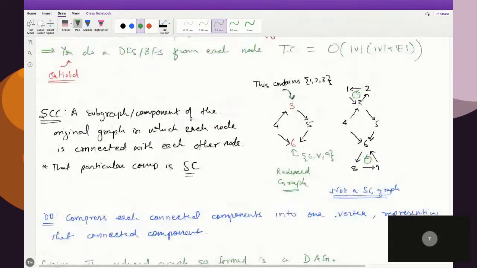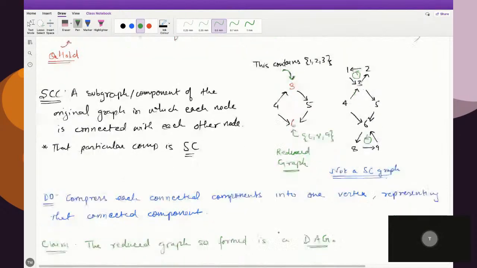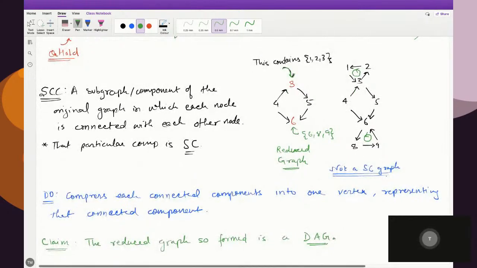This is my claim. Clearly, in this example, this is a directed acyclic graph. But in general, I am saying that if you compress all the strongly connected components into one representative node, the compressed graph or the reduced graph thus formed is a directed acyclic graph.